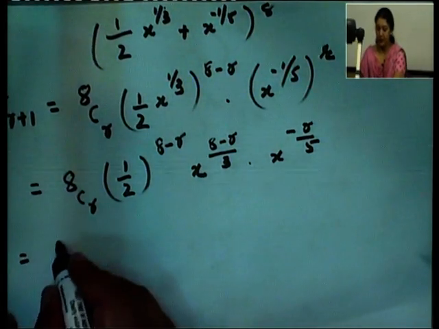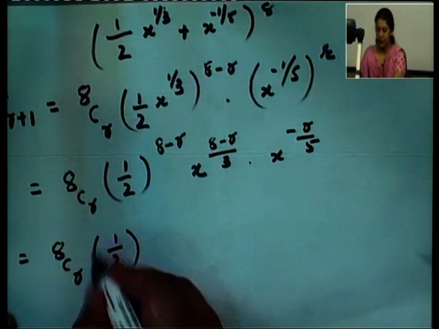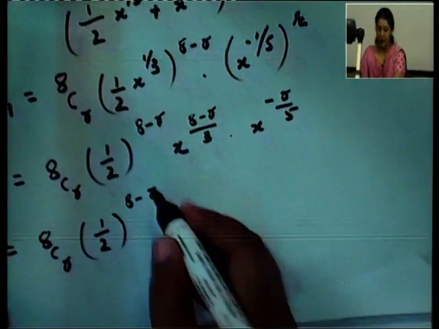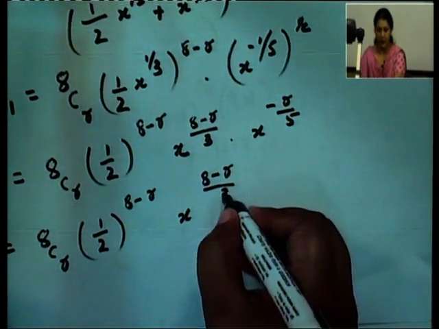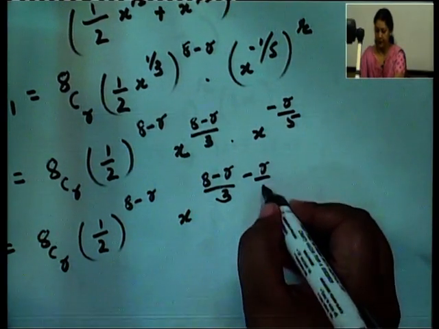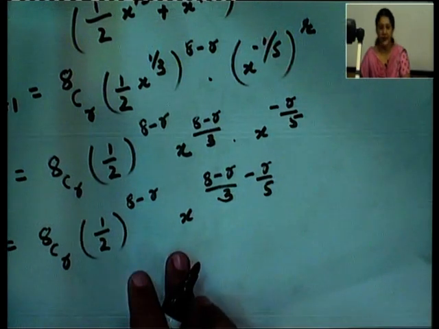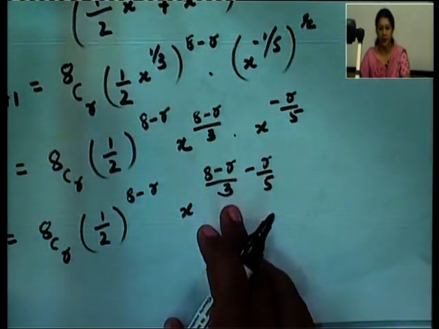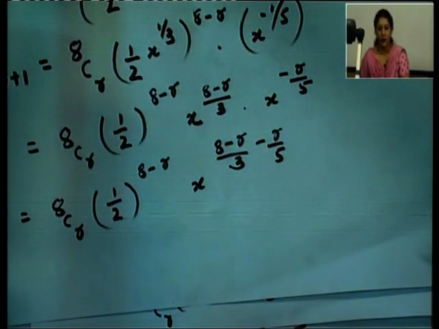So this will be equal to 8Cr (1/2)^(8−r) into x raised to power (8−r)/3 − r/5. Thus the power of x here is (8−r)/3 − r/5. So what was the problem?